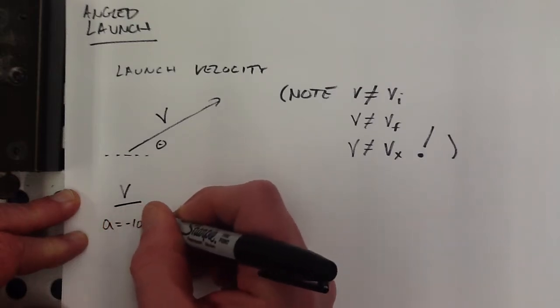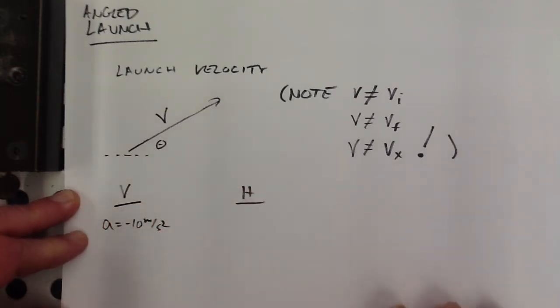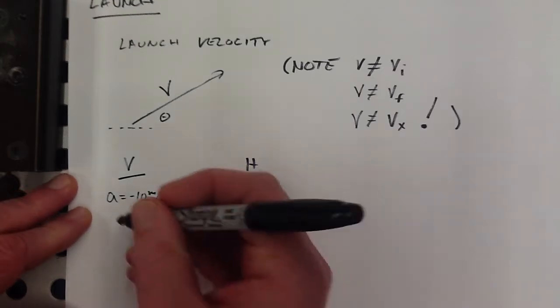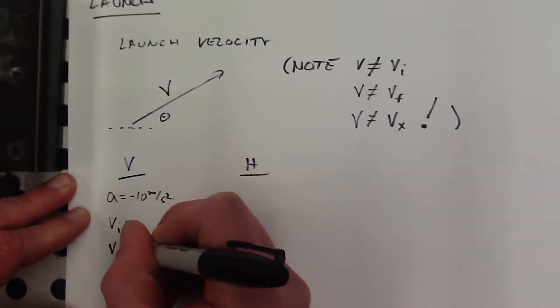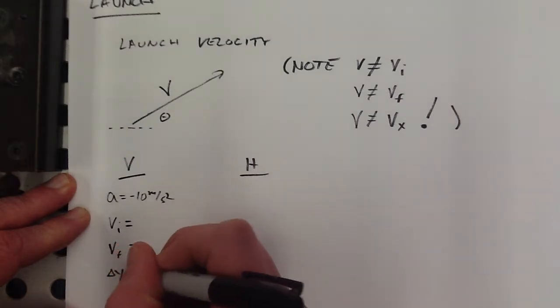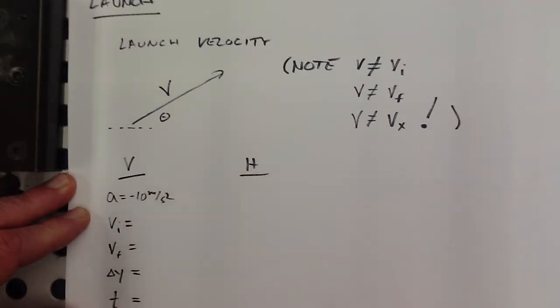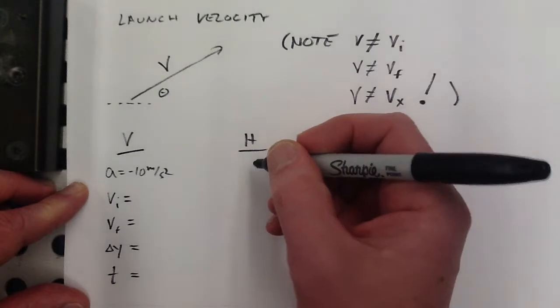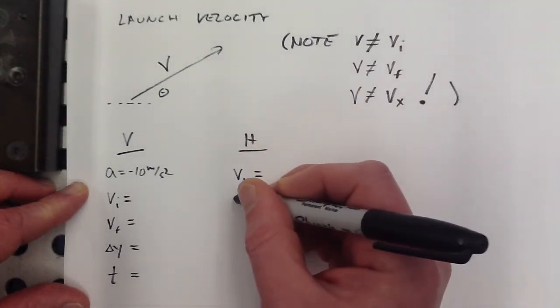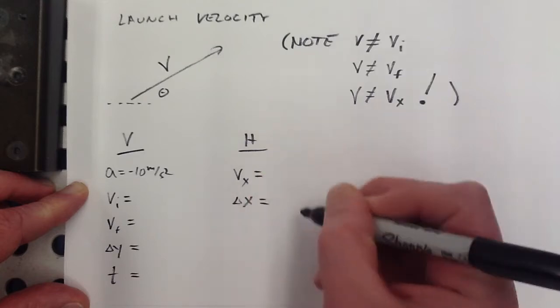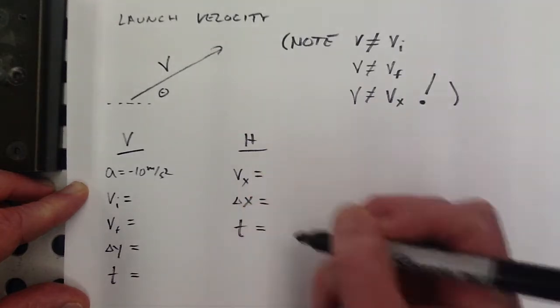Of course, that's going to be -10, unless you're working on another planet. And VI, VF, delta Y, and time. And on this side, we're going to have Vx and delta x and time.